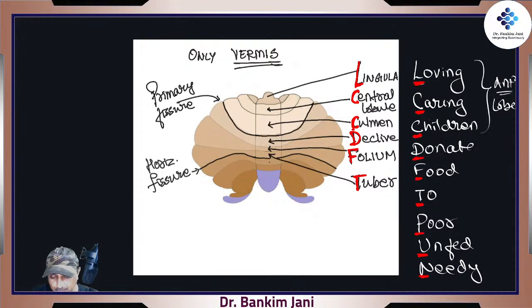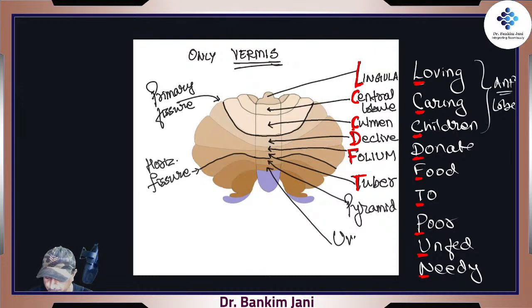The next one after tuber is P. P is pyramid. The next one over here is U. U is uvula. And the last one is nodule. This is flocculus.